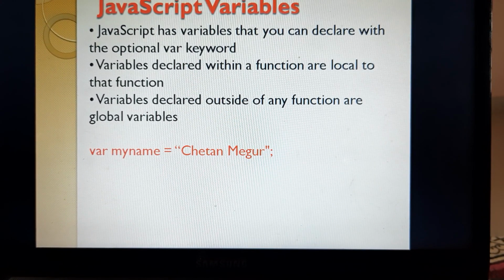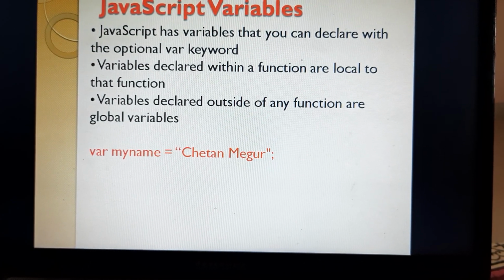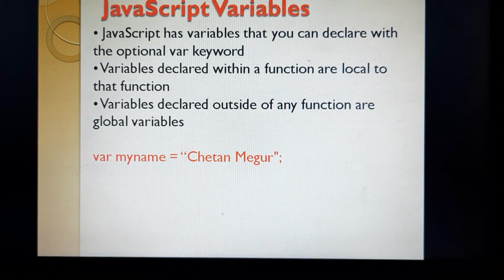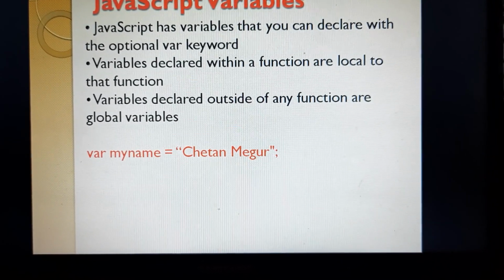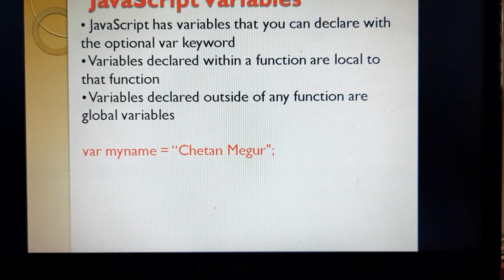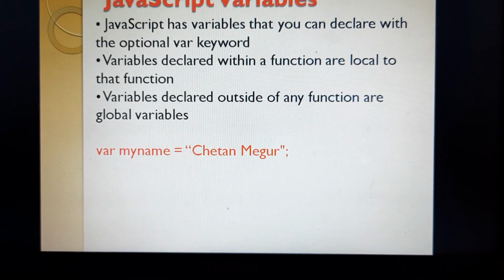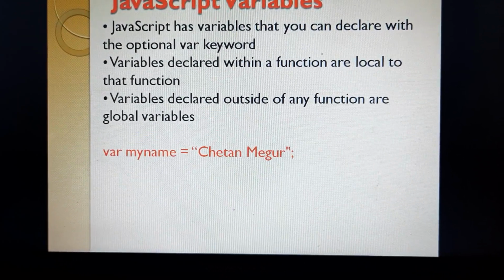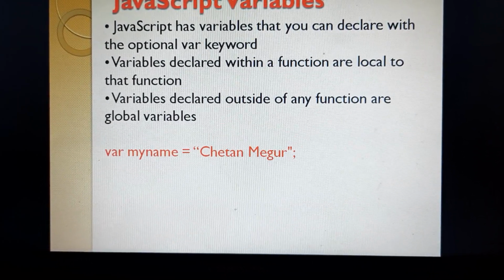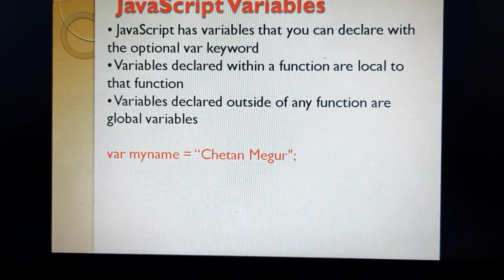And the variables declared outside of any function are available to all other functions. So those are called the global variables. Now we have one example: var, var is a keyword, and myName is a variable equals to opening double quotation, Chetan Megur, closing double quotation, semicolon.